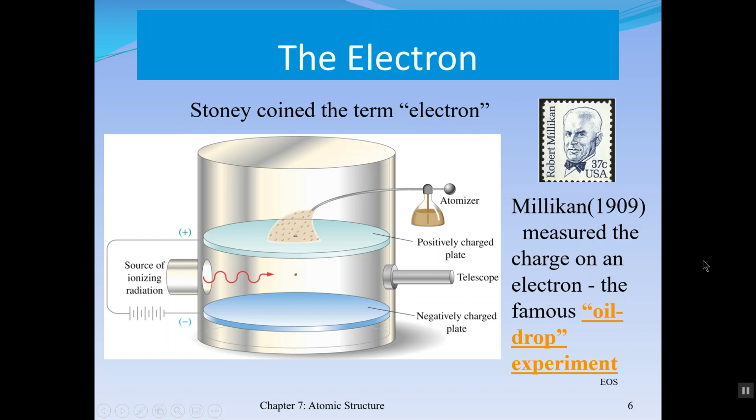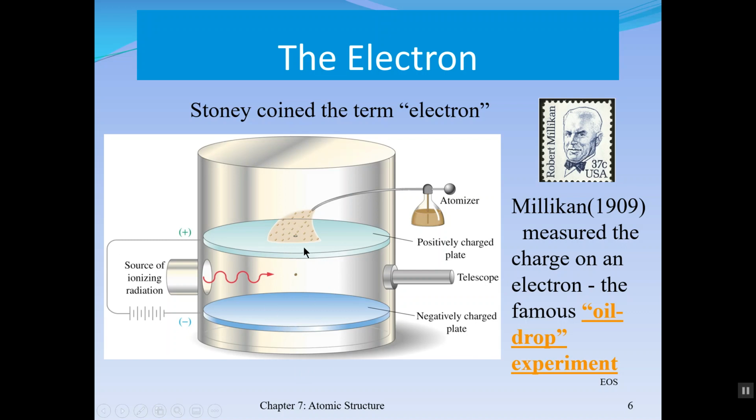Now, this guy, Millikan, a Dutch physicist, designed this famous oil drop experiment, which is shown here. I won't go into all the nitty-gritty details of how this determines the charge of the electron, but basically, as you can see here, it consists of two metal plates, which are connected to an electricity source.